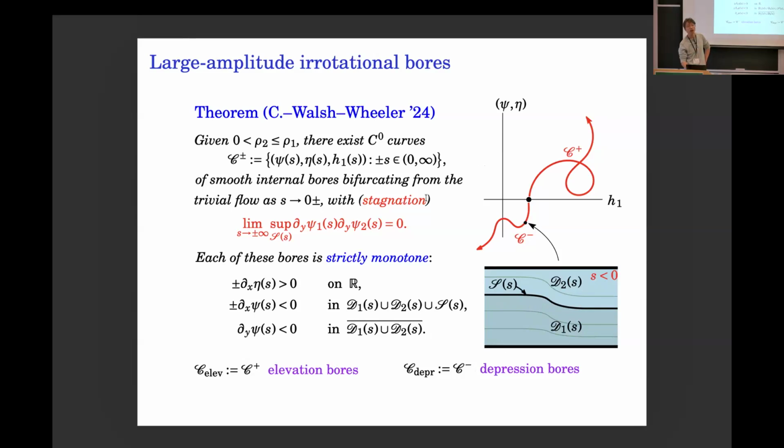Somehow what happens at the end of the bifurcation is when you have a stagnation. This is only horizontal stagnation. Remember, dy psi is u, the horizontal velocity. But there are some other relations that the velocities need to satisfy, which force the vertical velocity to be 0 as well when horizontal stagnation happens.